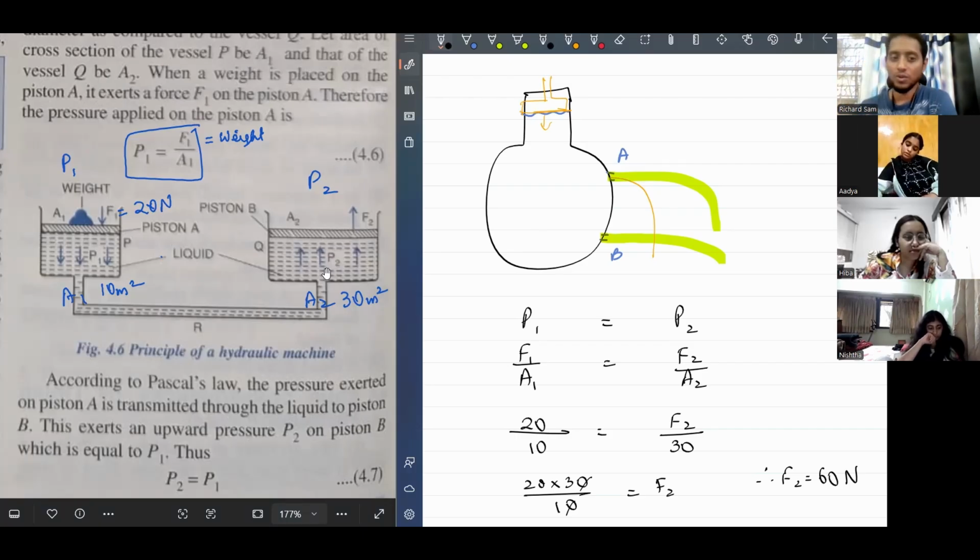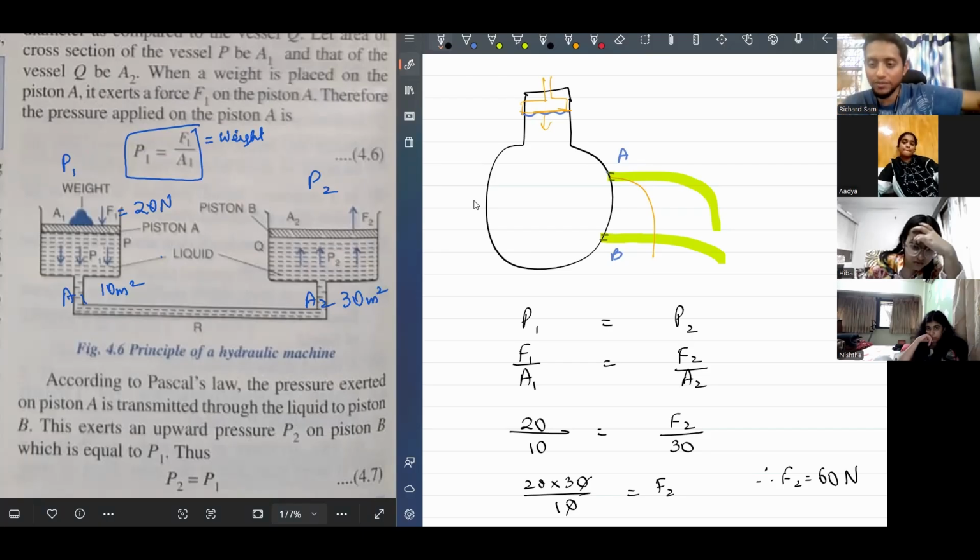So the wider I make the second piston, the more force I'll be able to lift on the right side. Do you understand this working of the hydraulic machines? By increasing the surface area on one side, you're able to increase the force felt on that side. These machines are used to lift heavy objects like a car. If you take your car to the washing center, they lift your car up and wash underneath it.